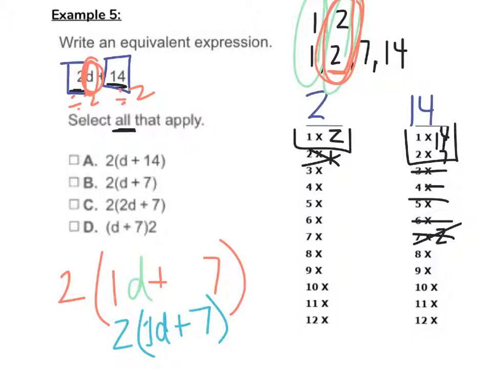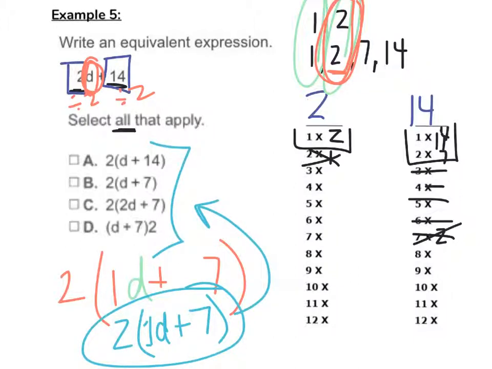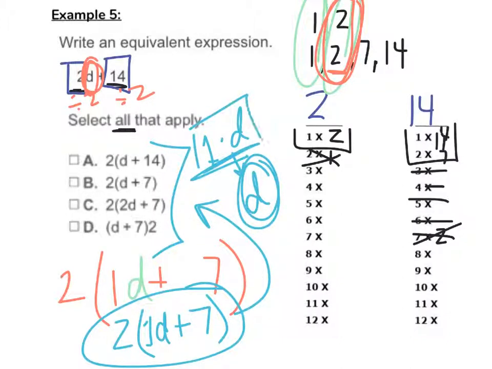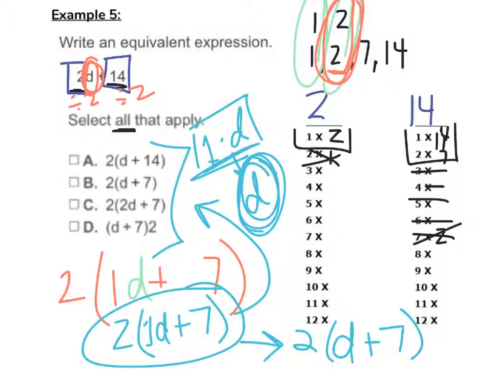Now, you may go back and look at your answer choices and say, okay, well, I don't see a 1d. 1D or 1 times D is the same thing as D. So think about it, if I have 1D, that would just look like the letter D. So I'm going to go ahead and think about that and say, okay, I'm looking for anything that looks like 2 times D plus 7 with the D plus 7 in parentheses.